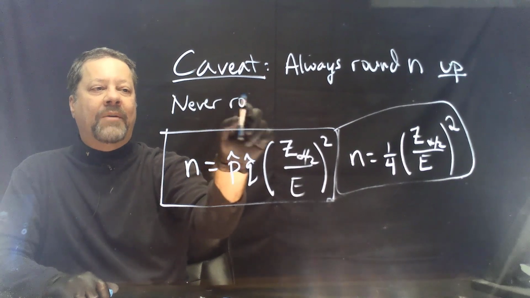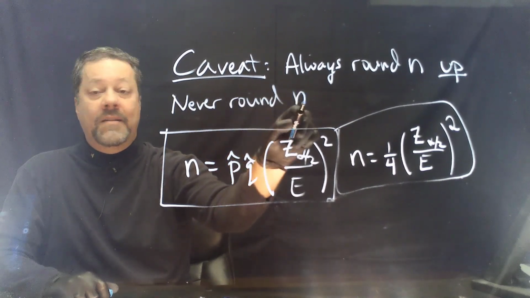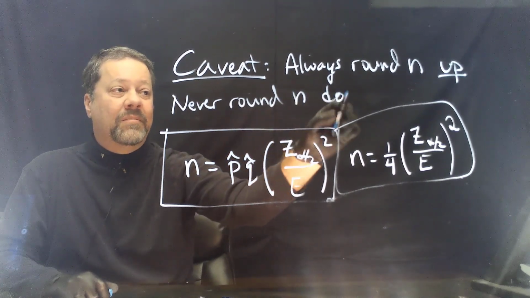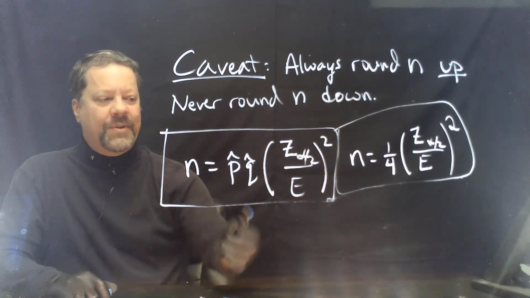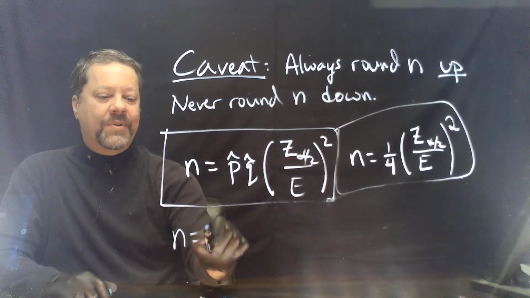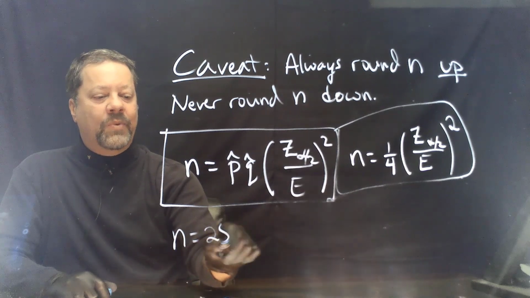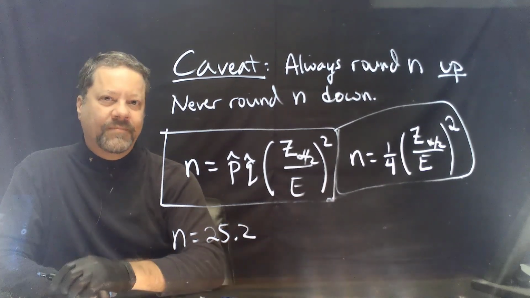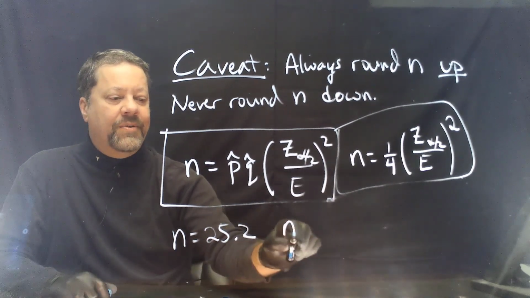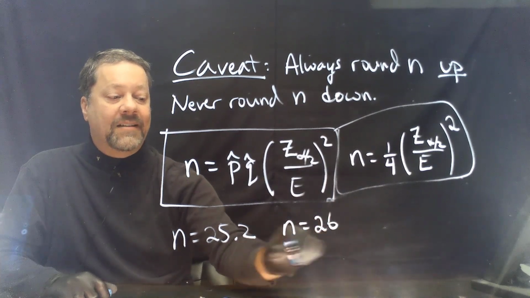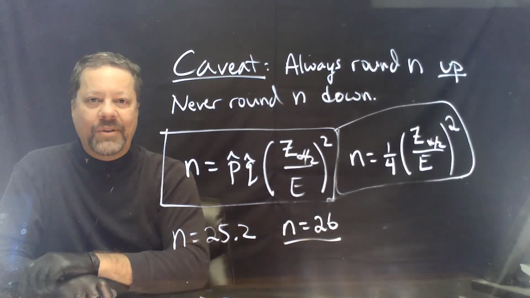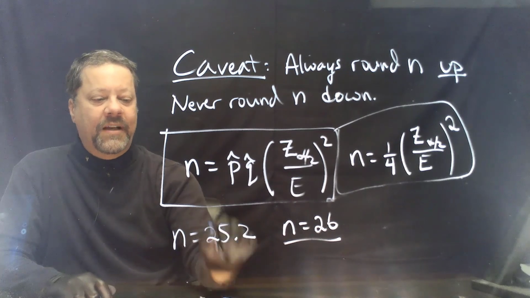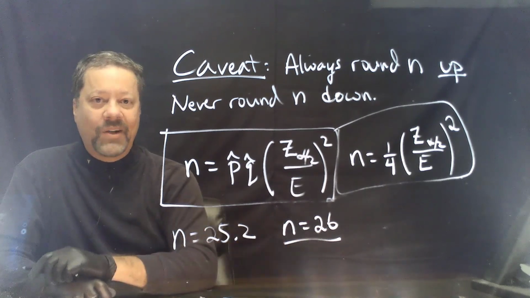You never round the sample size down. Suppose I use this formula and I get n equals, say, 25.2. I'll use n equals 26. I won't round down to 25. You never go down, you always go up.